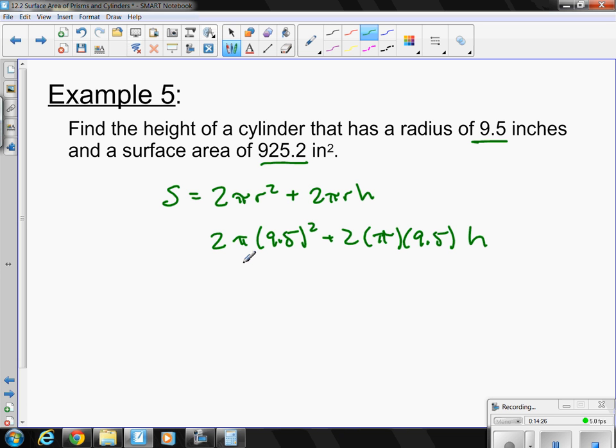I'm going to calculate this number, I'm going to calculate that number, and I'm plugging in the surface area of 925.2.